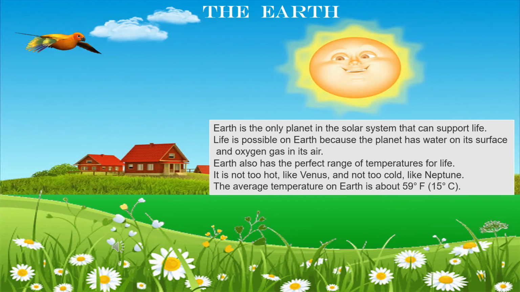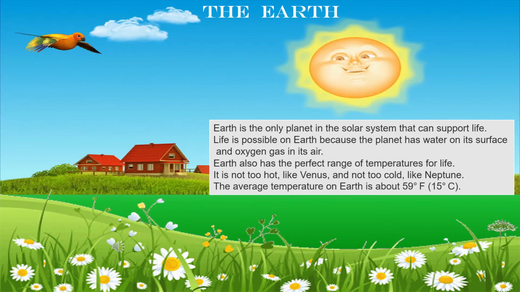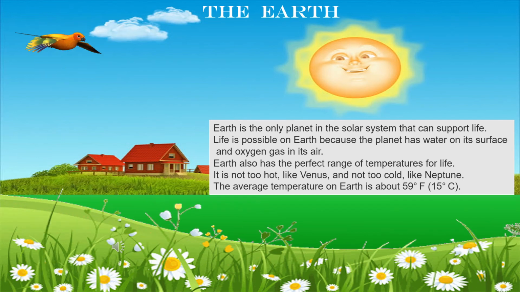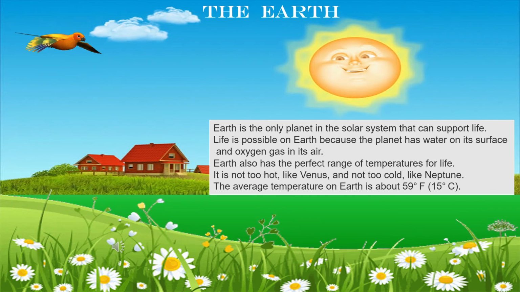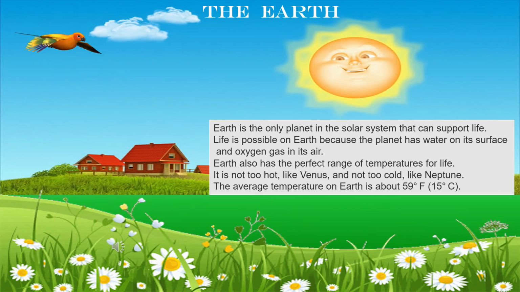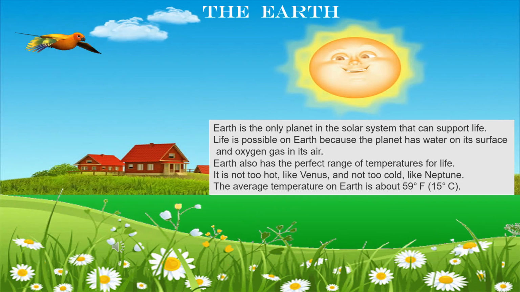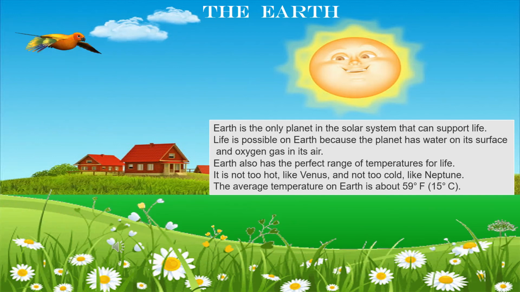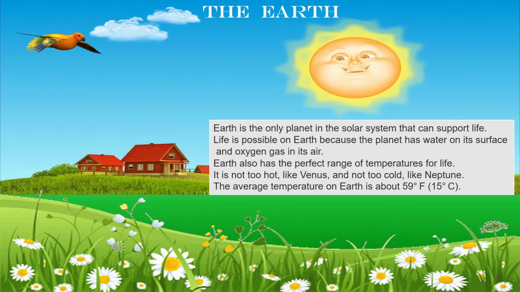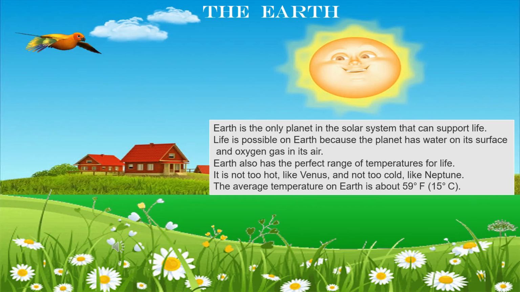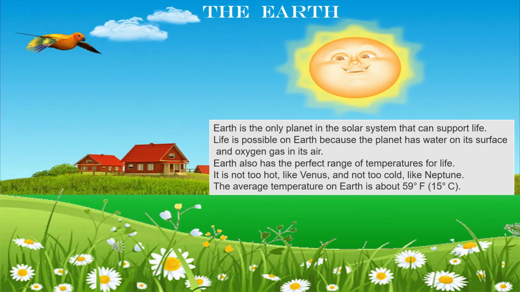So it is not possible that anyone can live or survive on other planets. So it is the Earth only, our planet Earth only, that has average temperature, that has enough water, that has air and oxygen gas present in the air to breathe in. So all these things are present in our planet Earth.